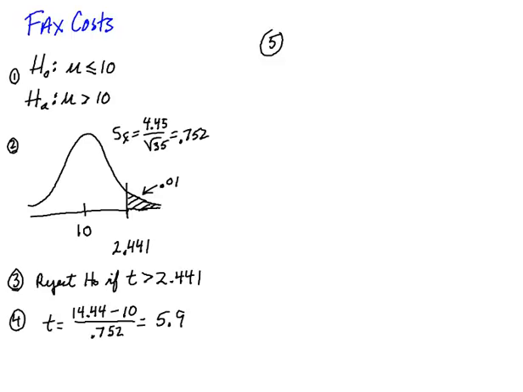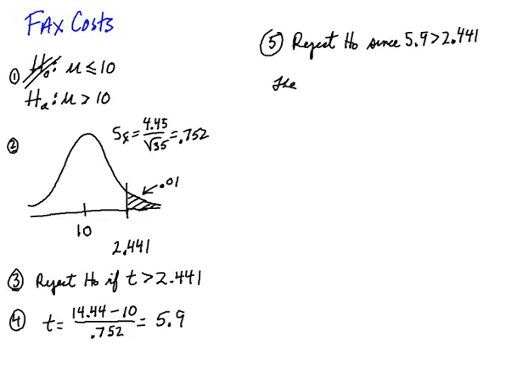Okay, step 5 then is I am definitely going to reject H sub 0 since 5.9 is greater than 2.441. And then I've proven something. I rejected the null, and I'm going to go ahead and take the risk here and say that the alternative is what is true.